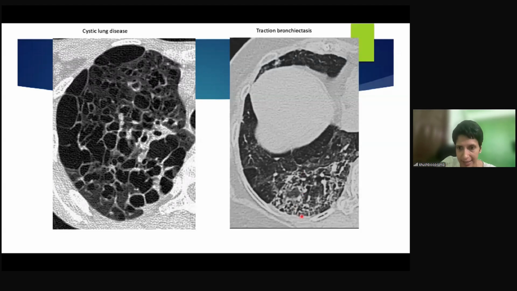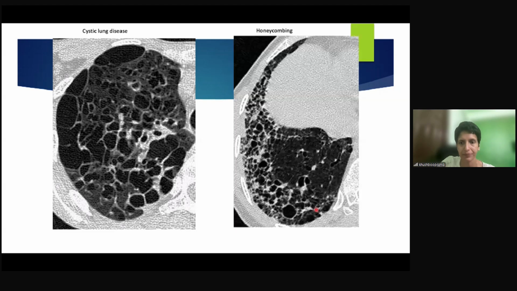Then you look at these, again, tiny cystic areas. This is traction bronchiectasis because they're communicating with each other, and you see the distortion of the surrounding lung parenchyma causing traction dilation of these bronchi. Honeycomb cysts, so these are cysts, but not of the cystic lung disease. Why? They are all sharing walls with each other.